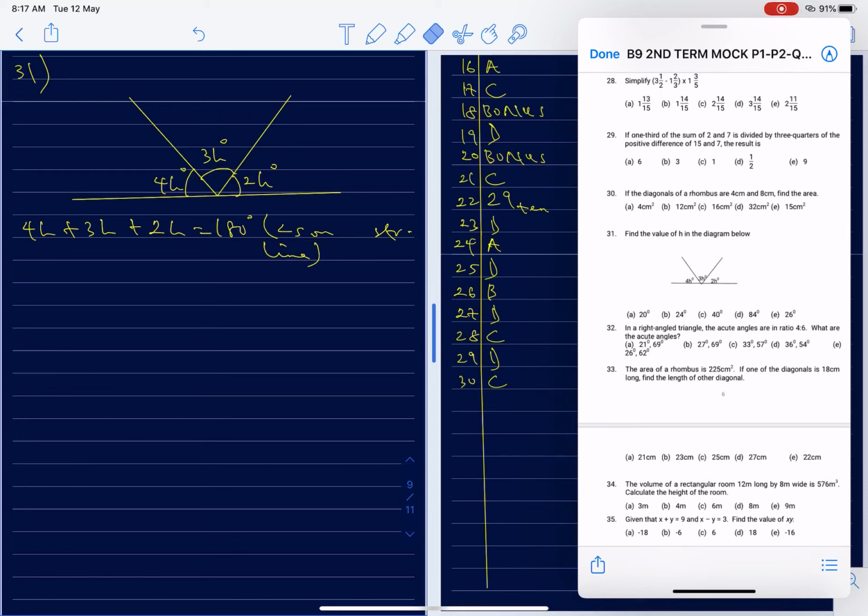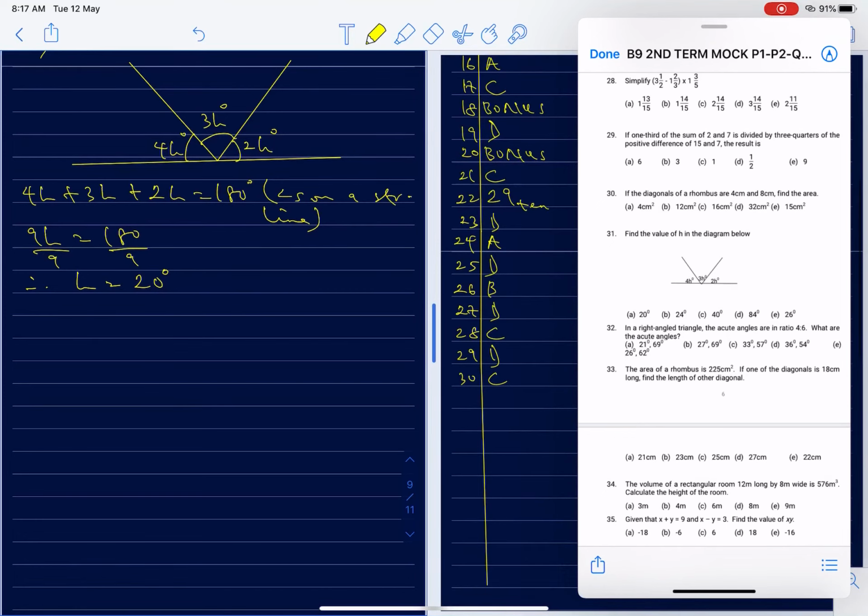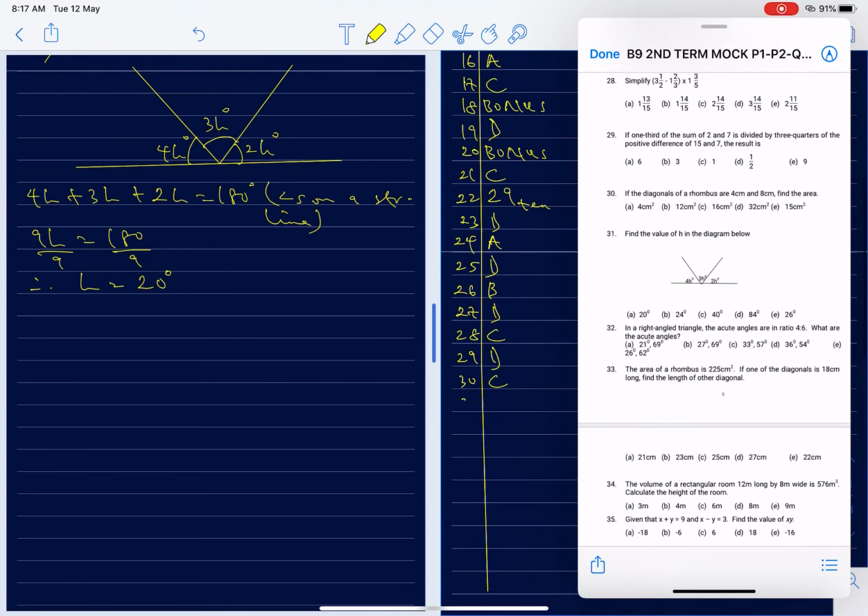I'm writing STR as a short form of straight, and that means 4H plus 3H, 7H plus 2H, 9H equals 180. We can divide both sides by 9 to get H. H is 20 degrees. Simple. Now, what's the correct option? The correct option to that is A. 31 is A.